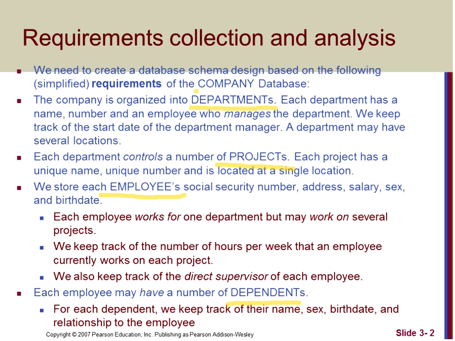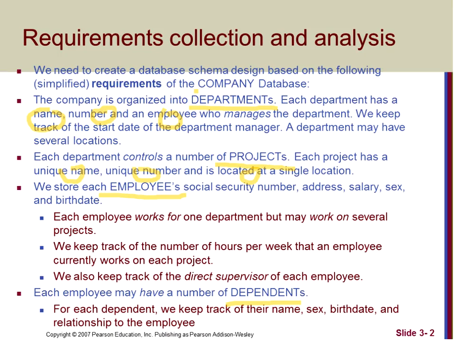Also, from each entity type, we can find the attributes that describe the entity. For example, for the department: name, number, and the employee who manages that department. For the project, we can identify a unique name, a unique number, and location.